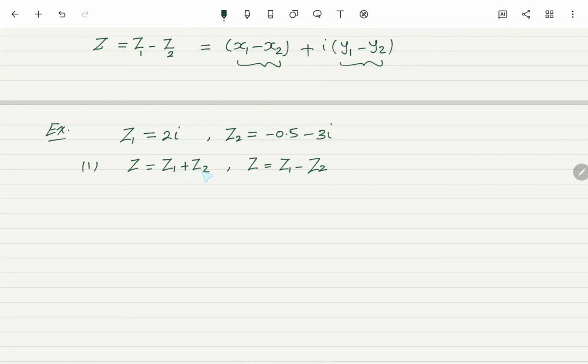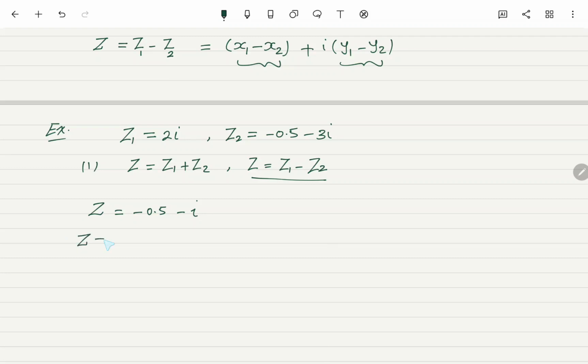Now z equals z1 plus z2, this is z1, so the real part for z1 is equal to 0, and the real part for z2 is minus 0.5. So z in this case equals minus 0.5 plus 0, just minus 0.5. Now the imaginary part for z1 is 2, and the imaginary part for z2 is minus 3. So when you add 2 plus minus 3, it's minus 1i. So it's minus i.